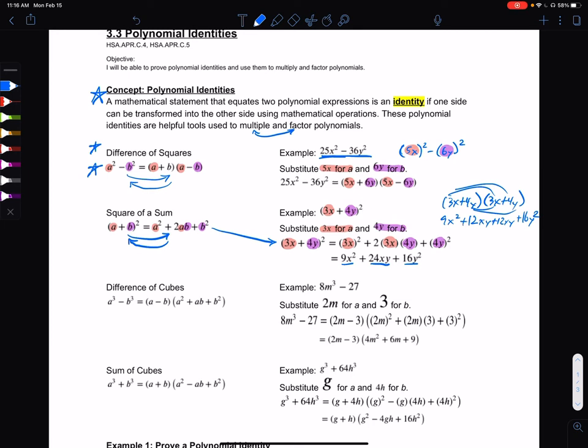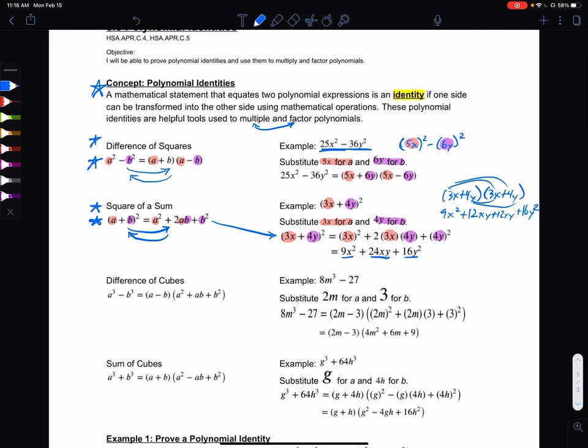It'll be a shortcut for the difference of squares and the square of a sum. You would be able to do both of these manually. You would not need to know the difference of squares rule or the square of a sum rule. You would be able to multiply or factor without them.